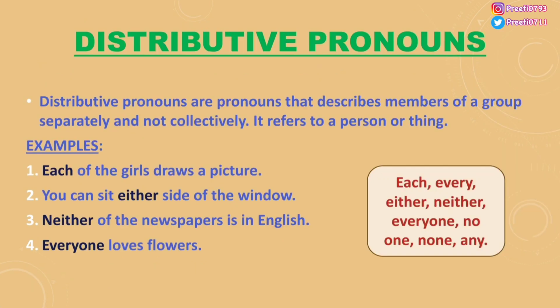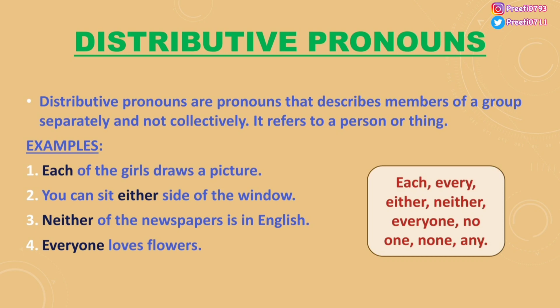Okay, so now the last type of pronoun here is the distributive pronoun. Distributive pronouns are pronouns that describe members of a group separately and not collectively. It refers to a person or a thing. Now, distributive pronouns are those pronouns which refer to a person or a thing separately, not collectively as a unit.